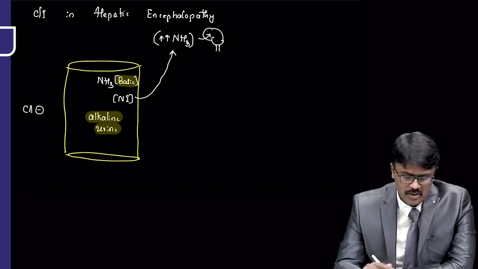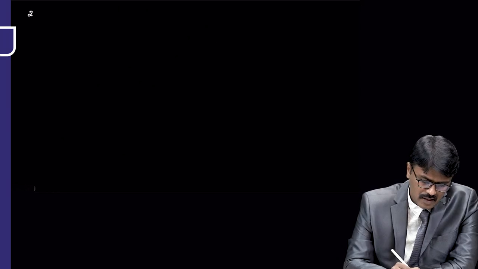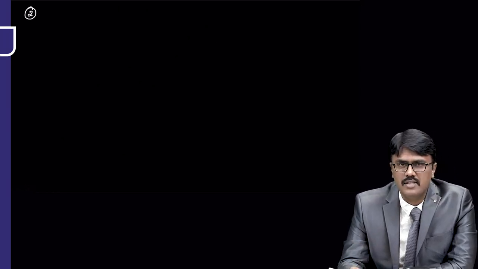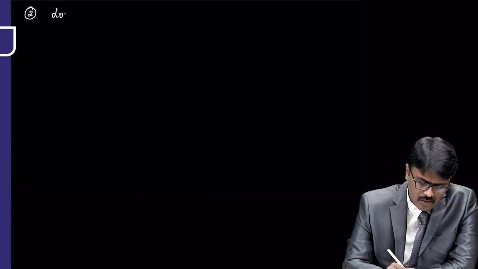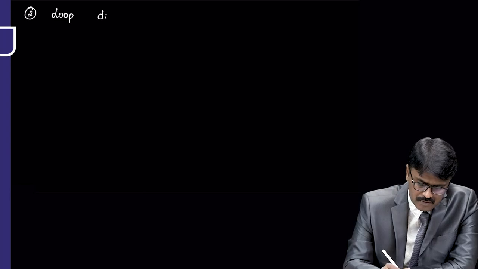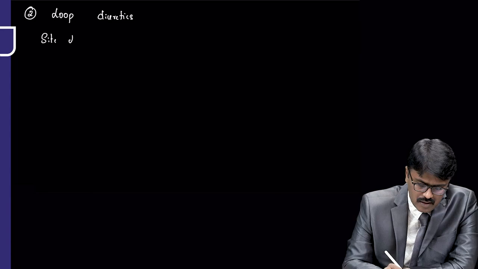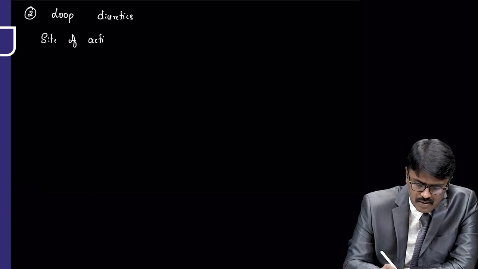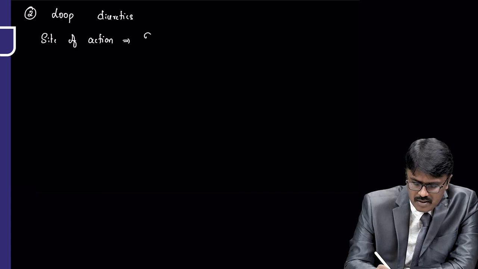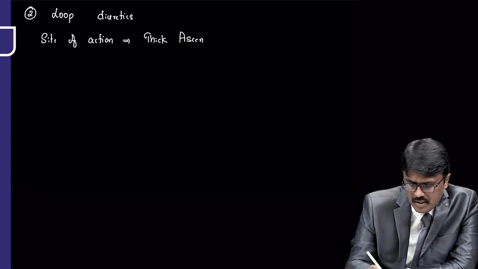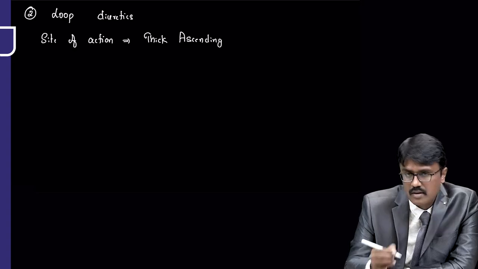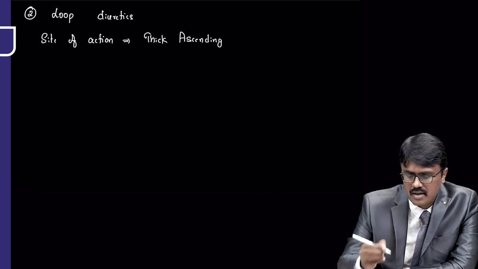Very important. So we're done with the first target, and that is carbonic anhydrase inhibitors. Moving on to the second target, they are called loop diuretics. Let me write the site of action. Where do they work? The site of action of these, please remember this is very important, is the thick ascending loop of Henle, because there is thin ascending also.